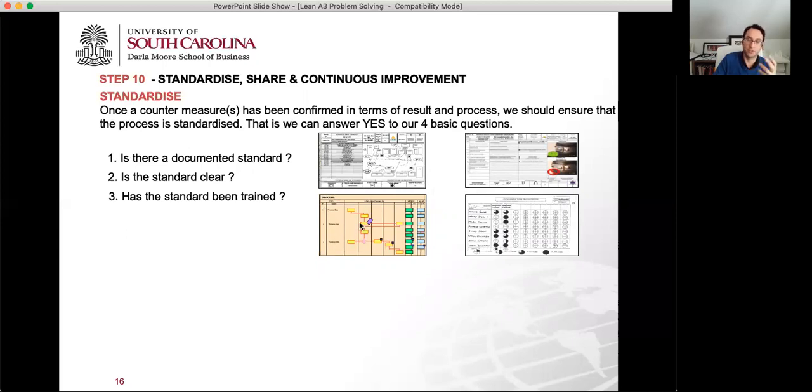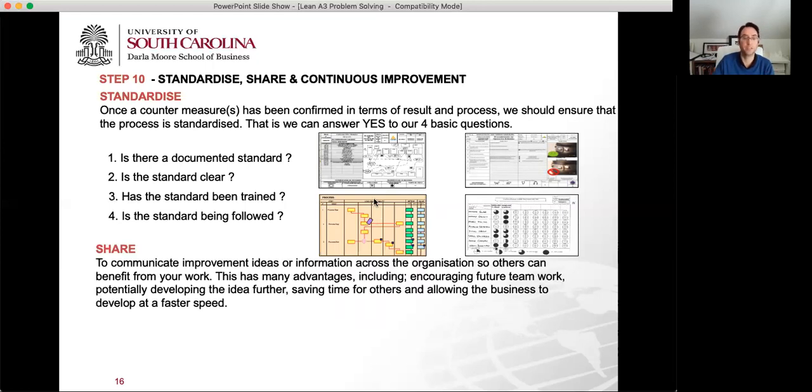This is an example of a swim lane, and this is an example of a chart that we didn't look at. It's a matrix of seeing who is trained in which job. But again, they're all standardized work, and you can see if they're being followed or not, right? So you have to implement audits or procedures that make sure that these things are being implemented.